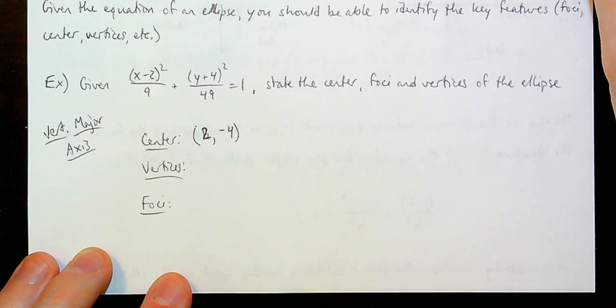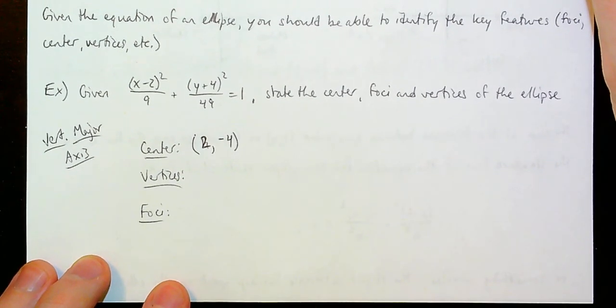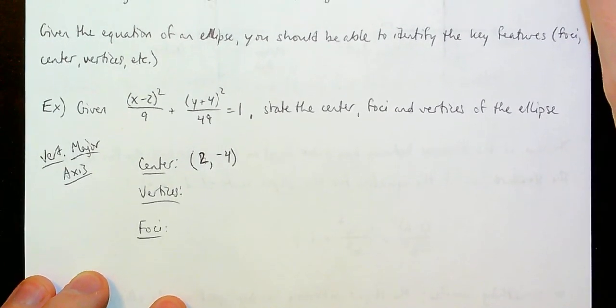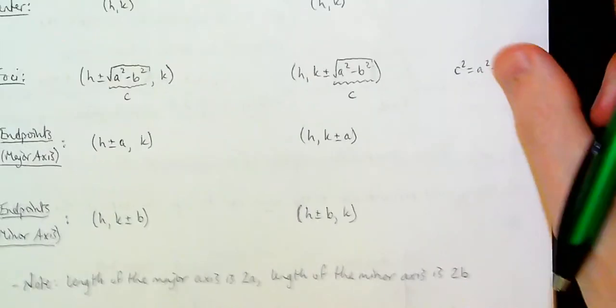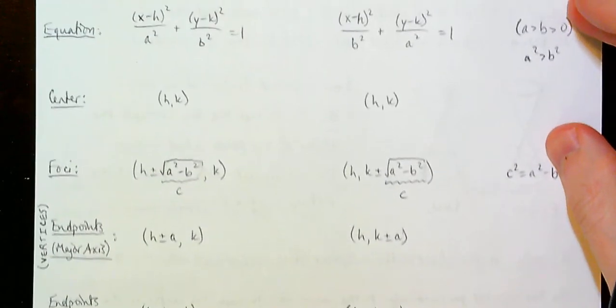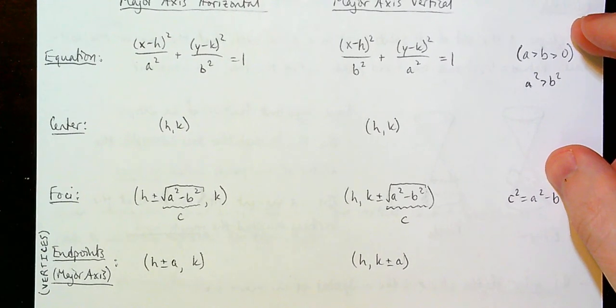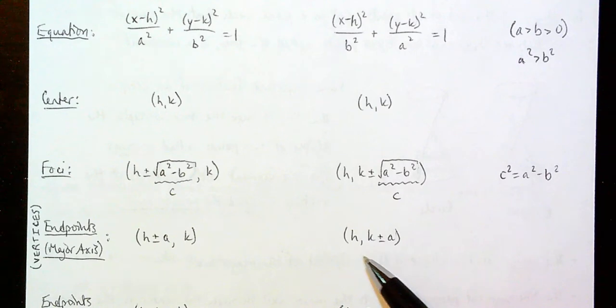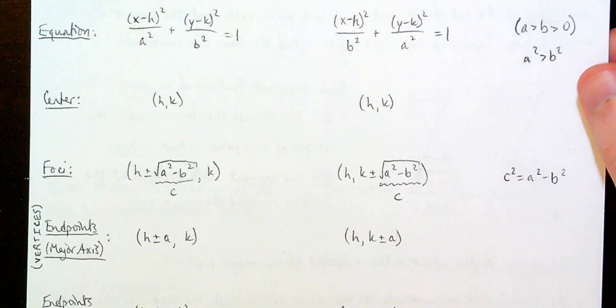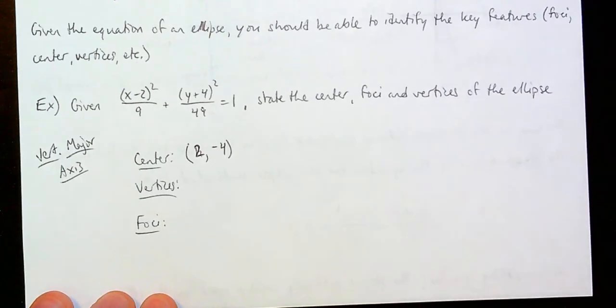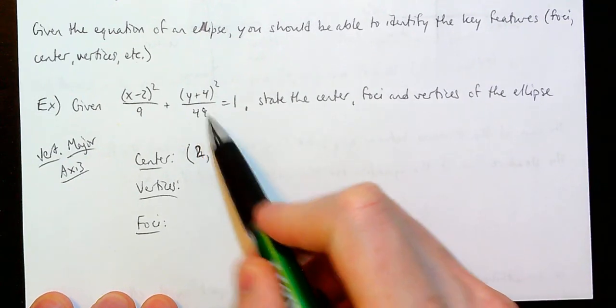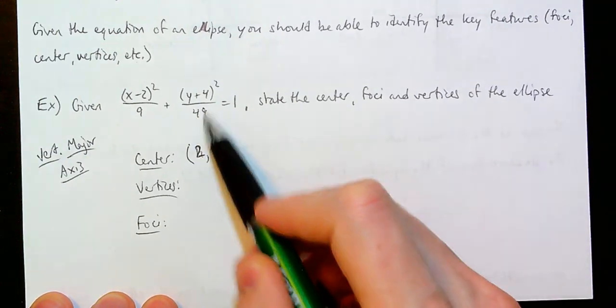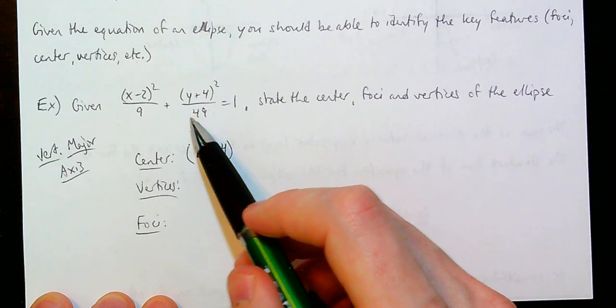All right. So we can move on to our vertices next. For an ellipse that has a vertical major axis, the vertices occur at h comma k plus or minus a. So we need to figure out what that a value is. Keep in mind, we said that the larger number happened on the bottom of the fraction that had our y's.